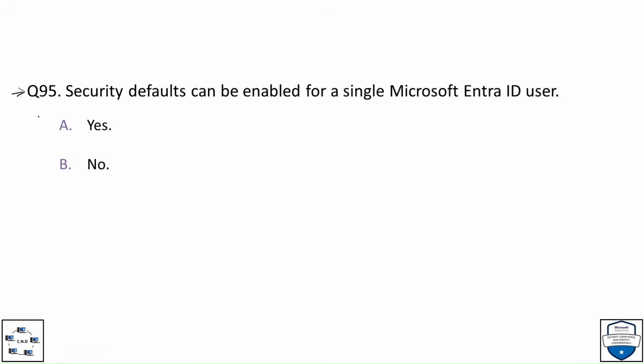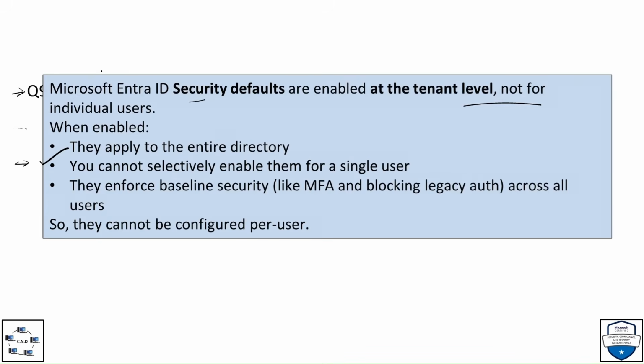Question number 95. Security defaults can be enabled for a single Microsoft Entra ID user. The options are option A, yes, and option B, no. And the correct option is option B, no. Security defaults cannot be enabled for a single Microsoft Entra ID user.